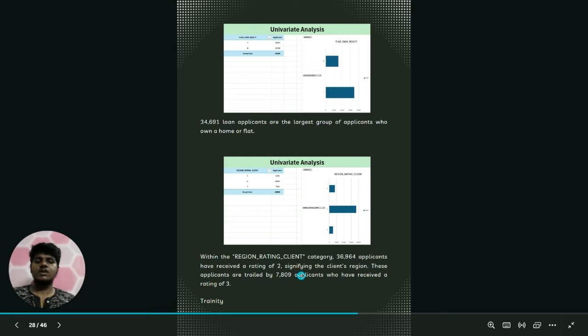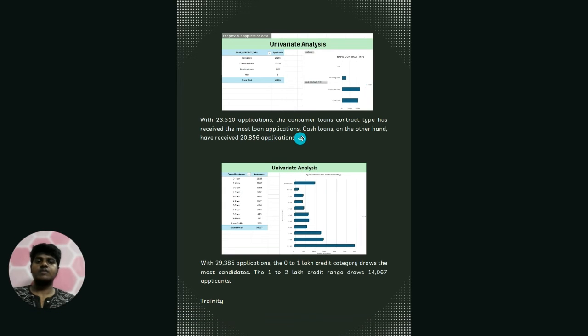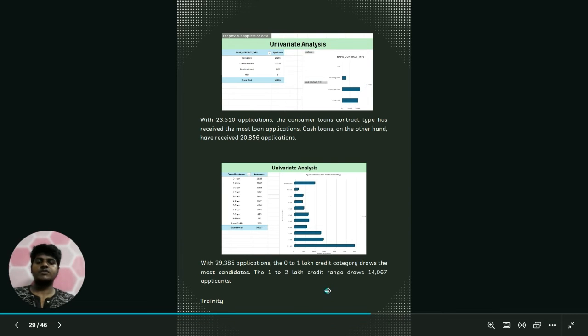When it comes to the region rating client category, a rating of 2 has the highest number of applicants, followed by clients with a rating of 3. When it comes to the contract type, consumer loans have the highest number of applicants, followed by cash loans. When it comes to the credit category, the 0 to 1 lakh credit category has the highest number of applicants, followed by the 1 to 2 lakh credit range.